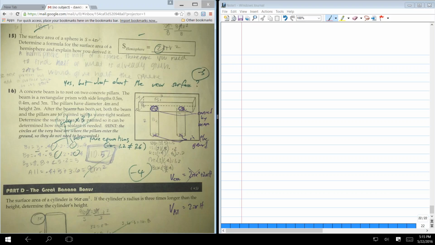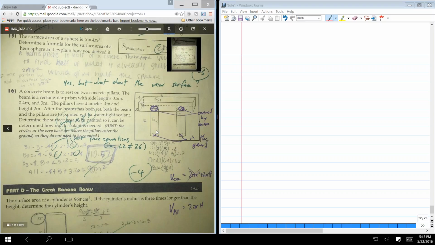Okay, so I'm painting these pillars, but I don't have to paint the bottom and I don't have to paint the top. In other words, I don't have to paint the circular parts of them. You see why? Because the beam is resting on top and the pillars are resting on the ground. So there's no point in painting the bottom.